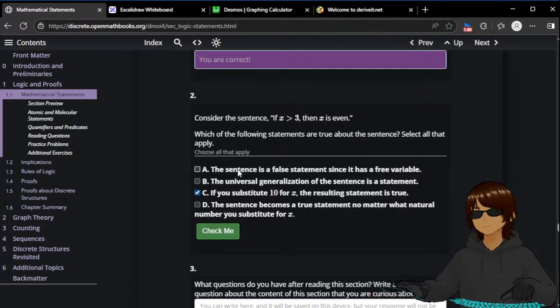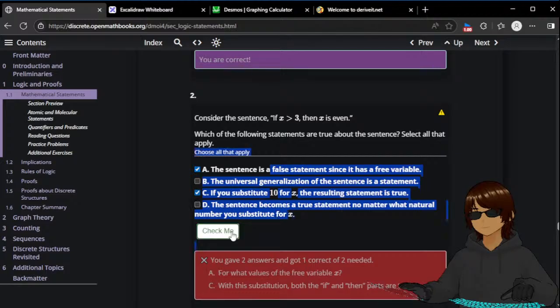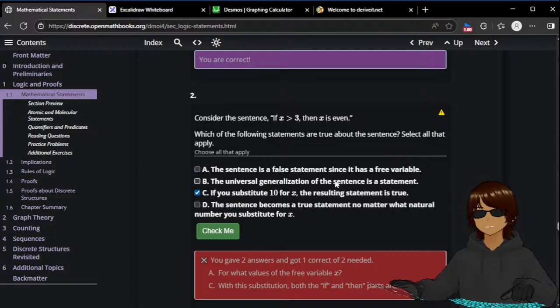It is false since x is a free variable, I think. The universal generalization of the sentence is a statement.